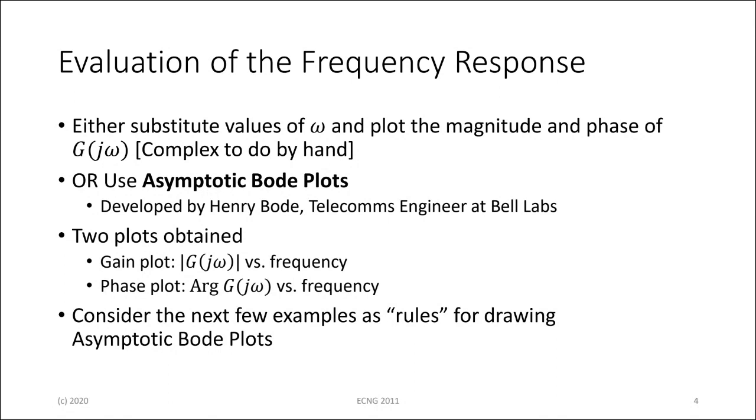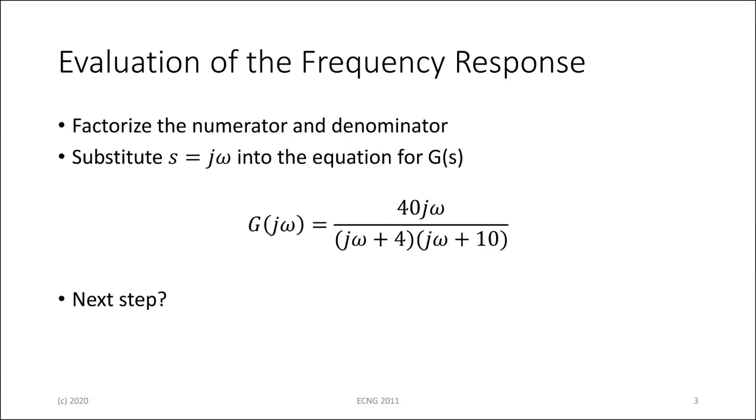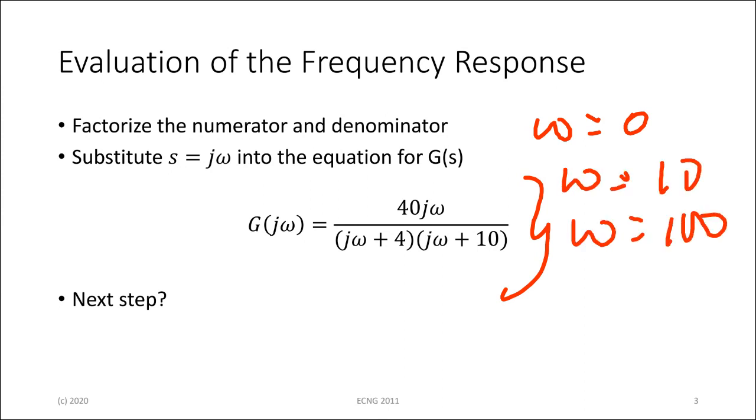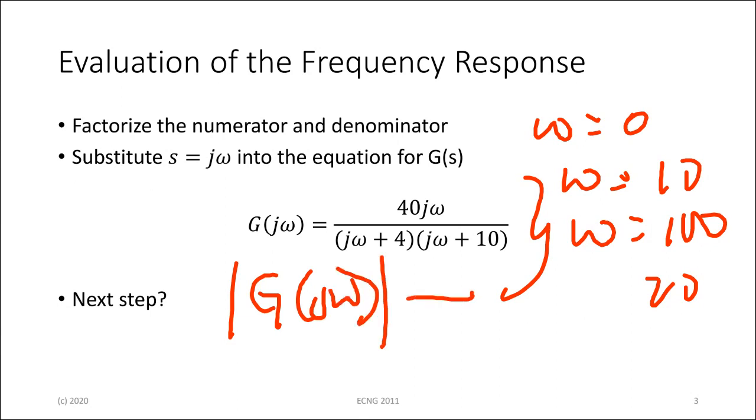So once you have the response down to this point, the hard and fast way for this now is to pick a set of values for omega, starting with omega equal to naught, which is DC, and I could plug in omega equal to 10, omega equal to 100, omega equal to 200, 500, etc. And every time I do that, I plot the magnitude, because if I plug omega in there, this is a complex number, so I'm going to have to work out the magnitude of it, and then on the complex number work out the argument of it, so I get a phase, right?